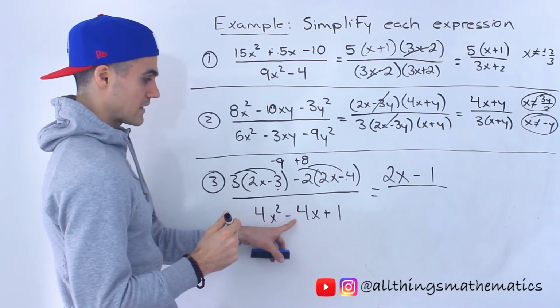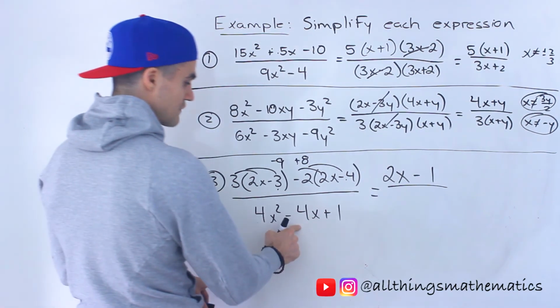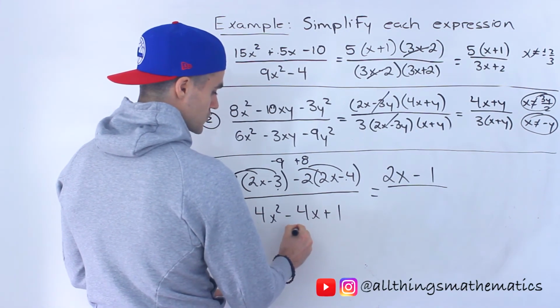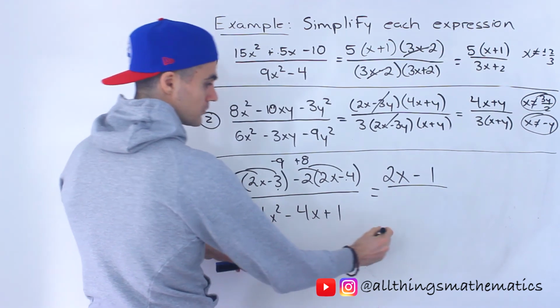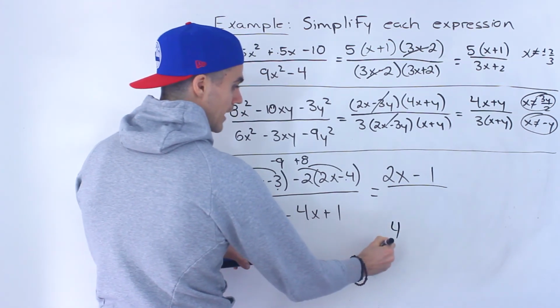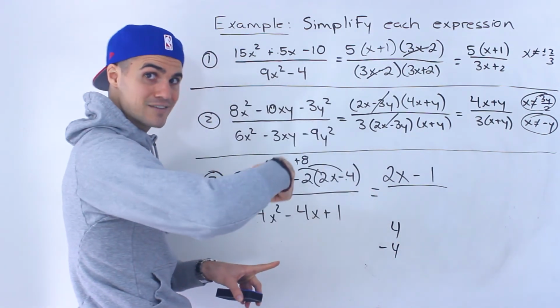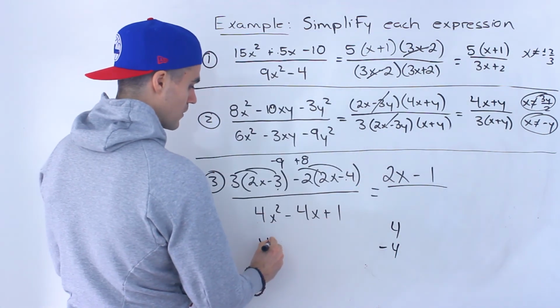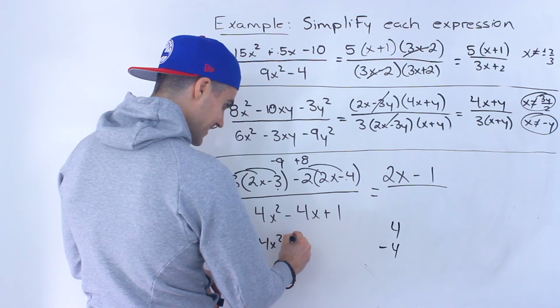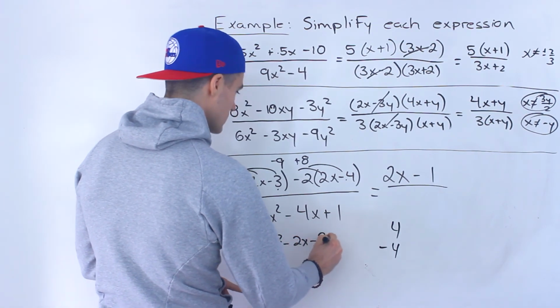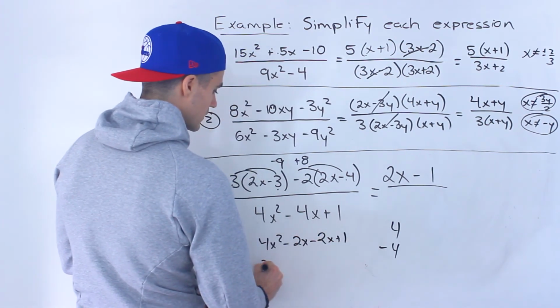And then 4x squared minus 4x plus 1, you can actually factor this. This is actually a perfect square trinomial. Basically, what two numbers multiply to 4, right? 4 times 1 and add up to -4, -2, -2. So this would be 4x squared minus 2x minus 2x plus 1. We could take out a 2x.